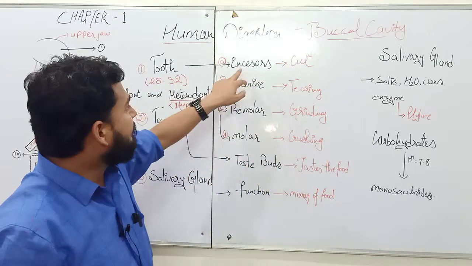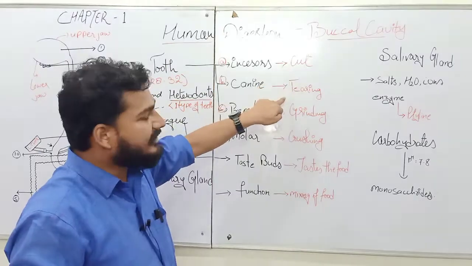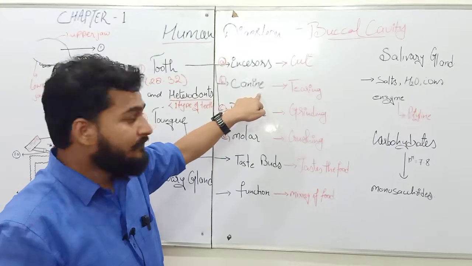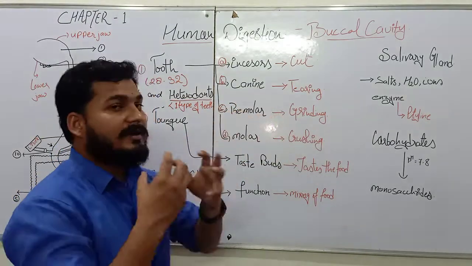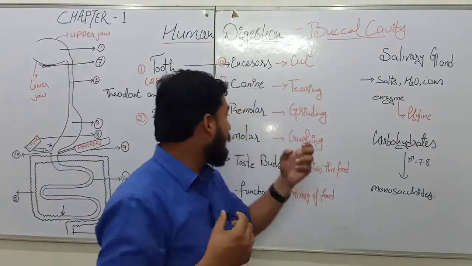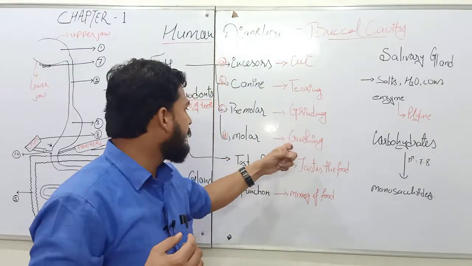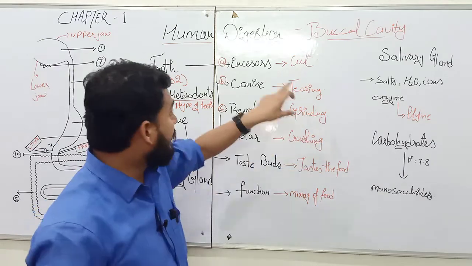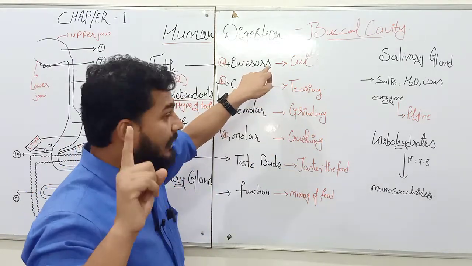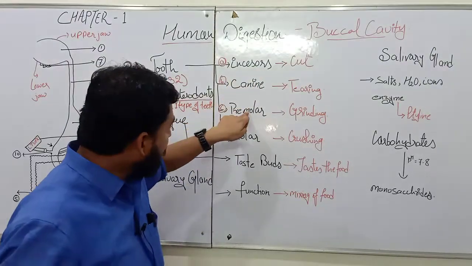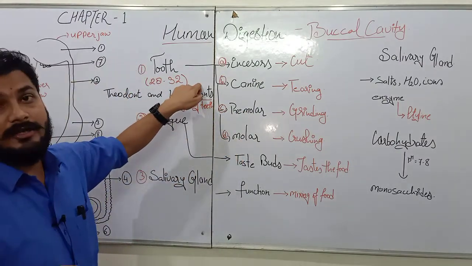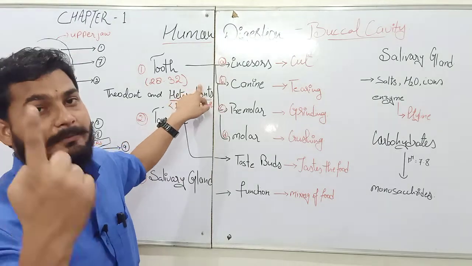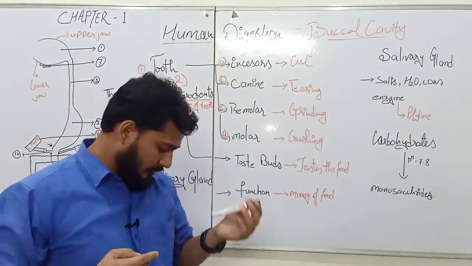First of all, the food is cut or torn by the incisors or the canines. Then this food is sent backwards and ground and crushed by the premolars and the molars. And because we have 4 types of teeth, we are called heterodonts. Not only we, any organism which has more than one type of teeth is called a heterodont.